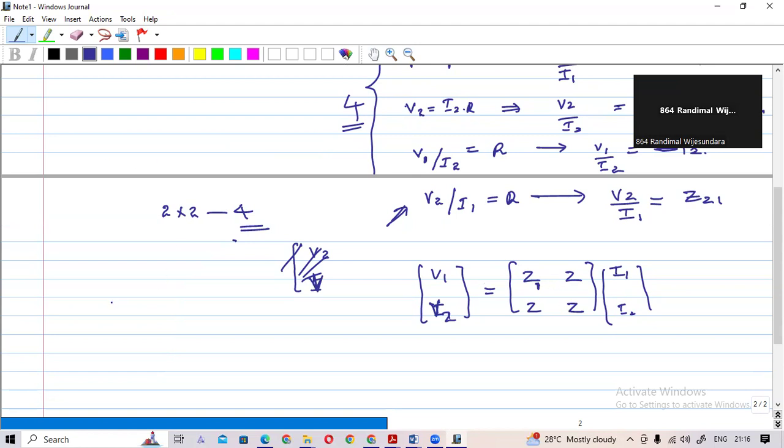Normally, if you consider this kind of matrix, each entry is referred to by N and M. Maybe you can remember, N stands for the row number and M stands for the column number.